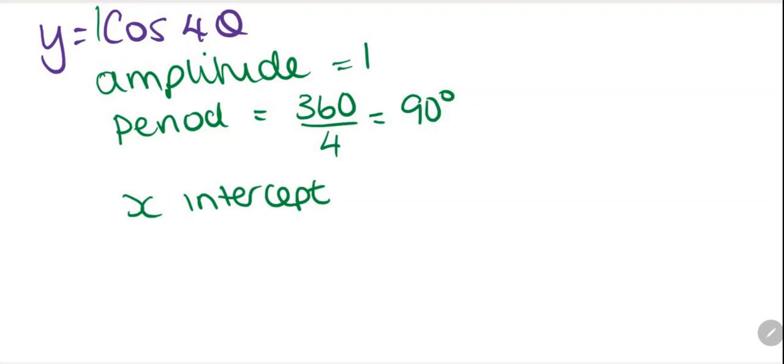Now, if we were to find the x-intercept for cosine, we're going to do a quarter multiplied by 360 divided by b, and this is going to be at 0.